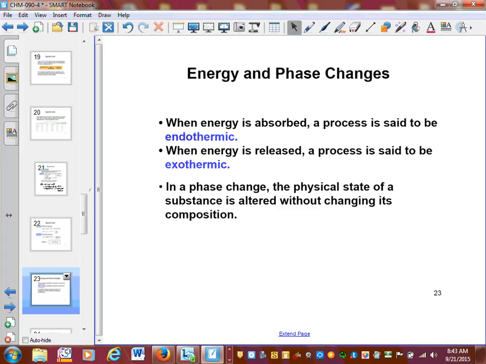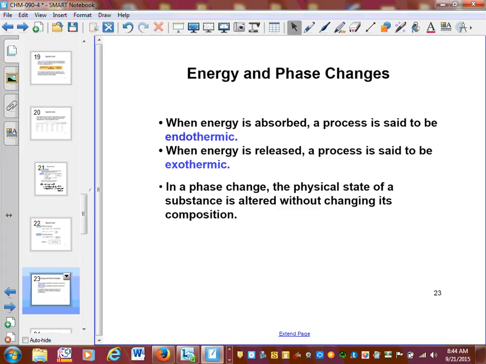Now let's go back the other way. We're going to take the water, liquid water, change it to ice. So is that going to be an endothermic or exothermic reaction? It requires energy.